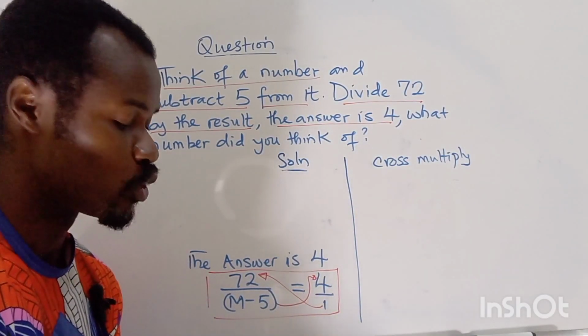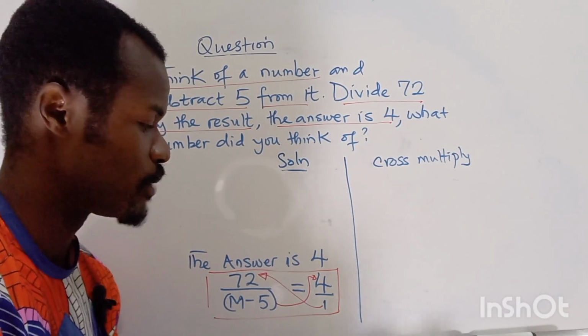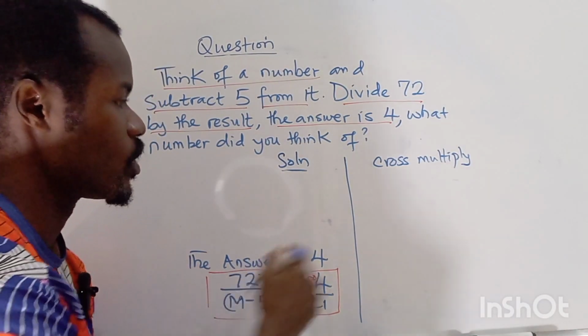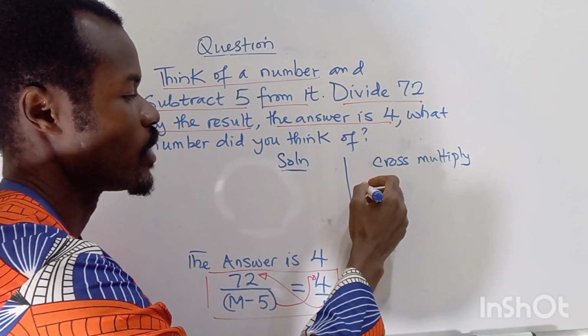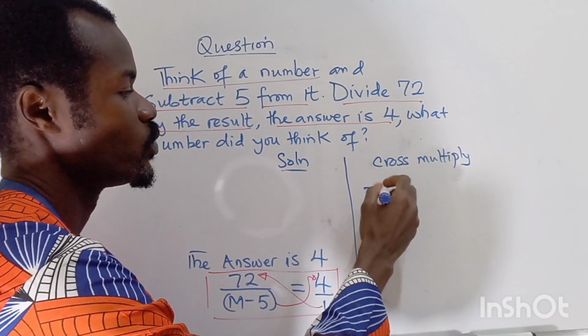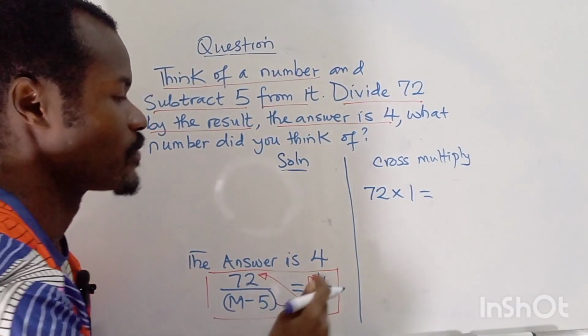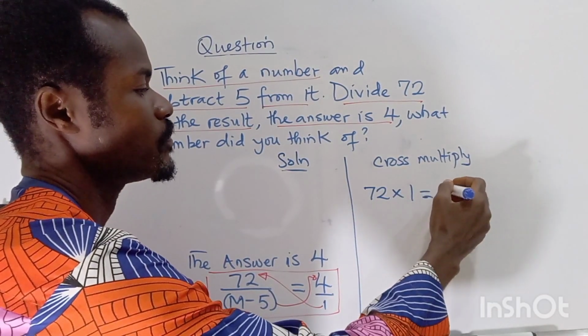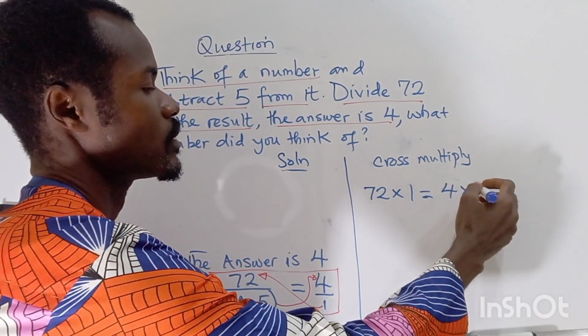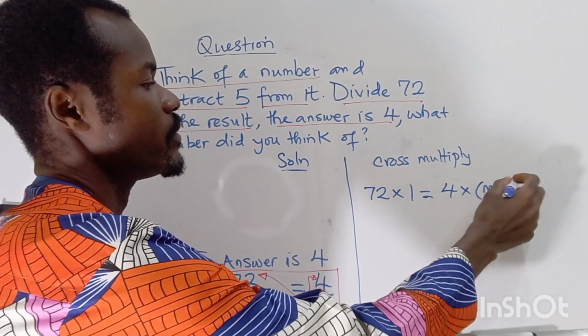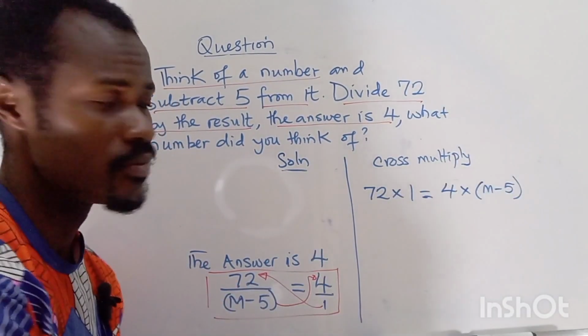That's what we mean by cross multiply. So we have 72 times 1, which equals N minus 5 times 4. So let's solve this.